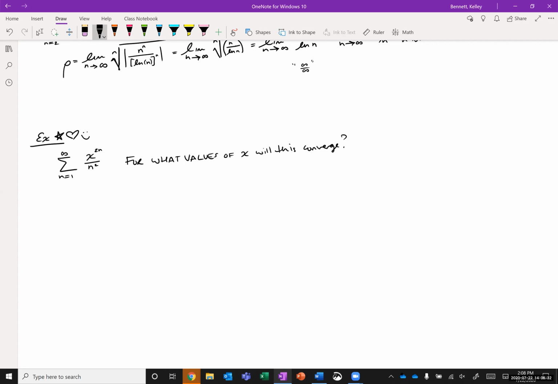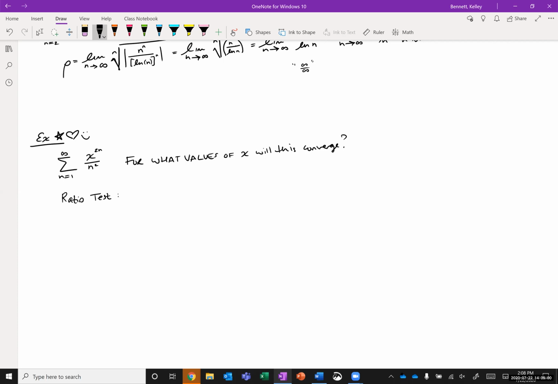So let's try doing, I'm going to go with the ratio test. So if we use the ratio test, now remember that x is just like a variable, totally rogue. The indices do not affect x. As n goes up, x is just this unknown quantity x. But it is getting raised to the nth power.